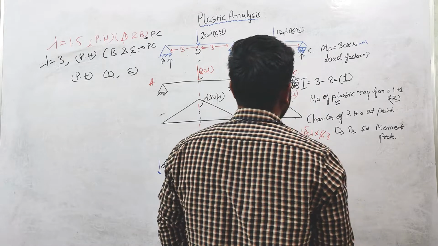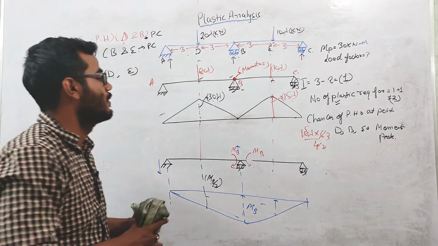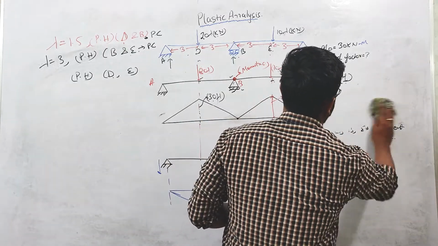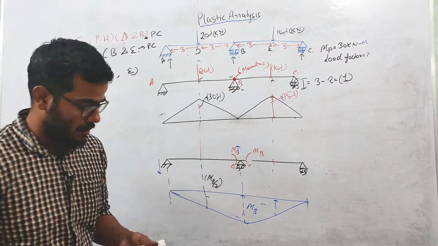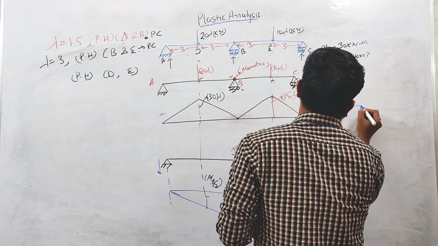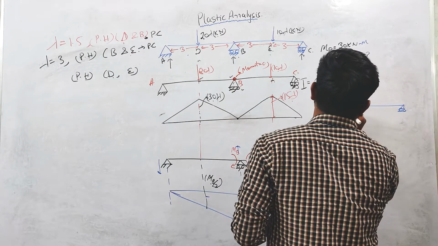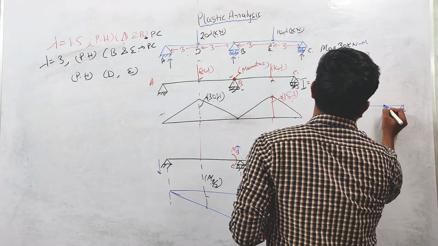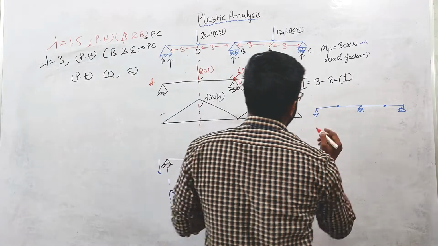If the plastic hinges are formed at these 2 points, the deflection during the collapse will be like this.